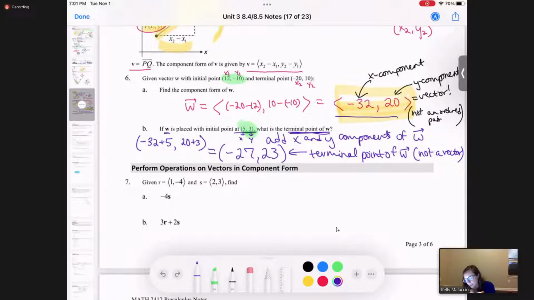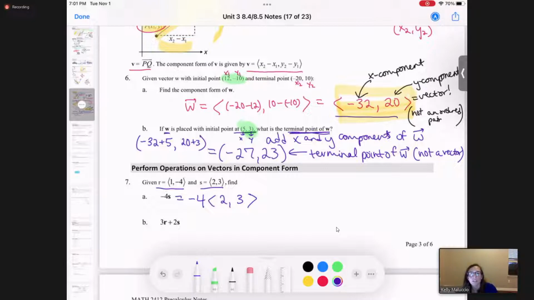So let's see what this looks like. They give us R and they give us S. Negative 4S is going to equal negative 4 times, I'm going to write S, 2, 3. Remember, this is not an ordered pair, but we kind of write it that way. And we're even going to kind of write our answer like it looks similar, but what it represents is a little different.